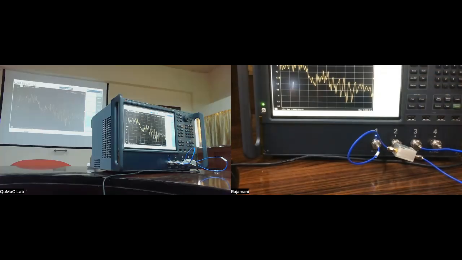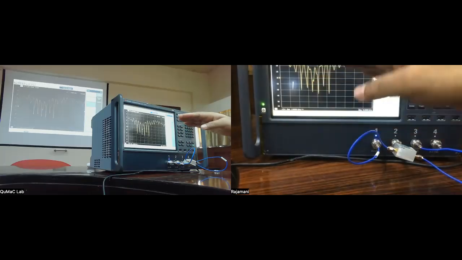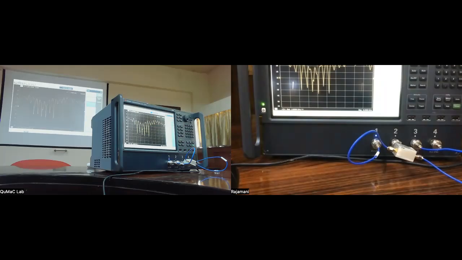Let's start by looking at the reflection on all the ports. So this is on port 1. This is one of the output ports of the splitter. And it looks to be quite decent. Most of it is below -15, maybe a little bit below -20.